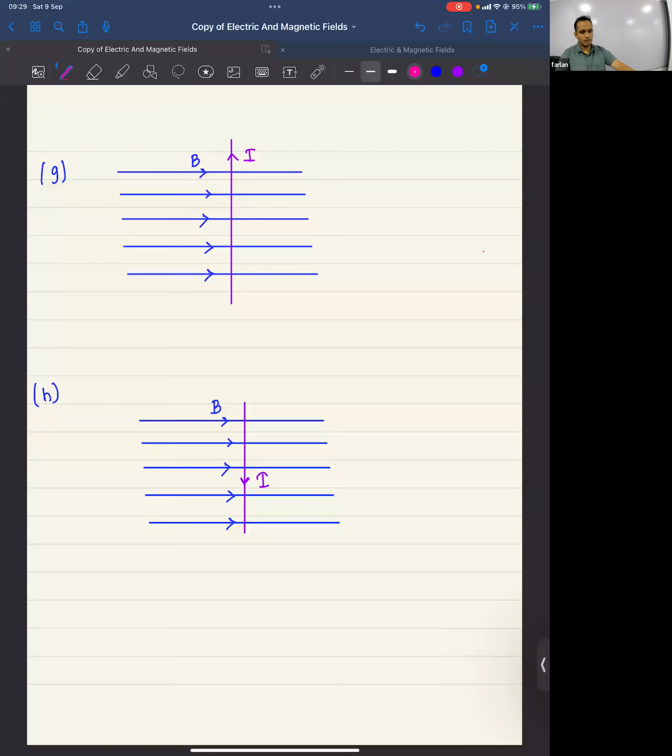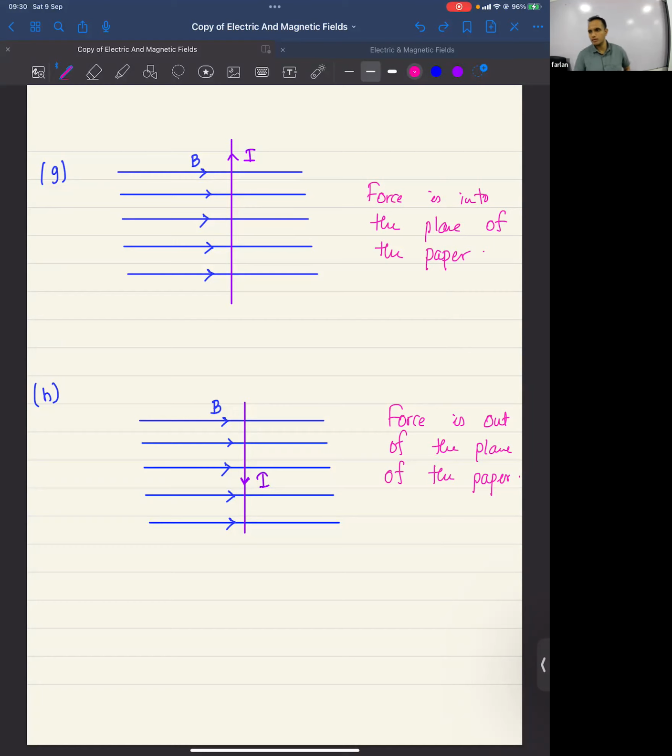Out of the plane of the paper. So in G and H, you will not be able to mark the direction, but you can write the answer in words. Mention in G, the force is into the plane of the paper. In H, force is out of the plane of the paper.